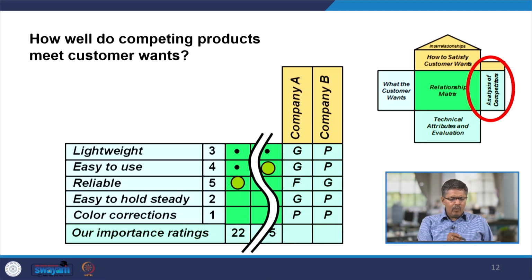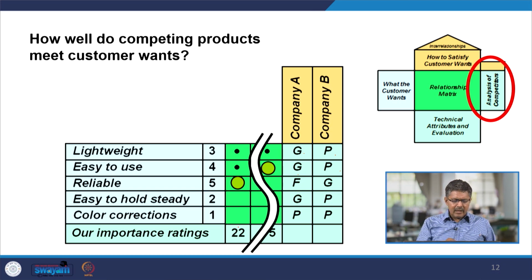The next is how well do competing products meet the customer wants. As I said, there can be company A, company B. So, good, poor, good, poor. Maybe F is not good at all. So, fair, good and poor, 3 scores.